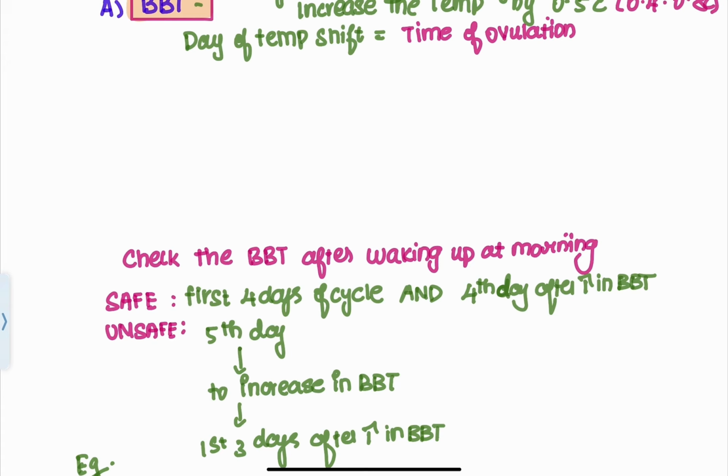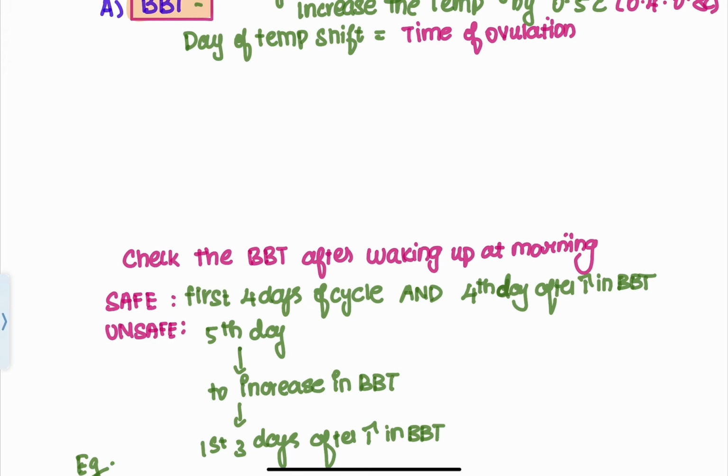Similarly, with basal body temperature, you ask the patient that after waking up, immediately before getting out of the bed, she needs to check the core body temperature, right? So every day, starting from day 1 of the menstrual cycle, you ask the patient to check the basal body temperature.